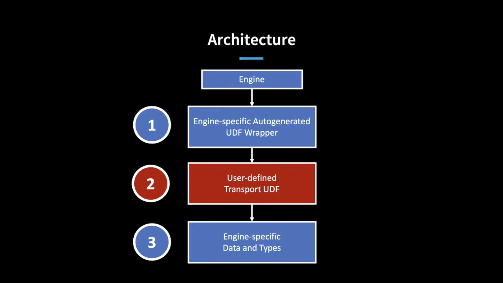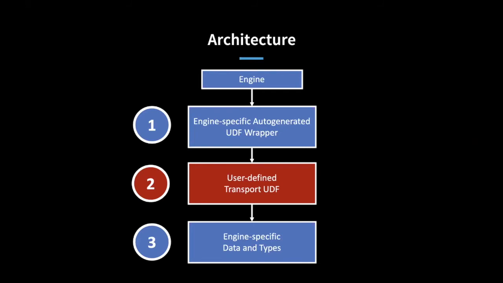But at the same time, Hive doesn't understand the type of data model that the Transport UDF is written in. And for that, we implement those APIs that have been exposed to the user as part of the Transport UDF, or in layer 2 in this diagram, using Hive-specific data and data types. So whatever we have seen as arrays or maps, data types that the user interacts with, those are just interfaces.